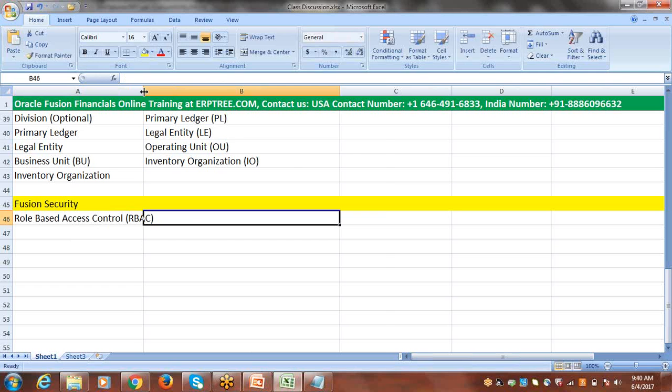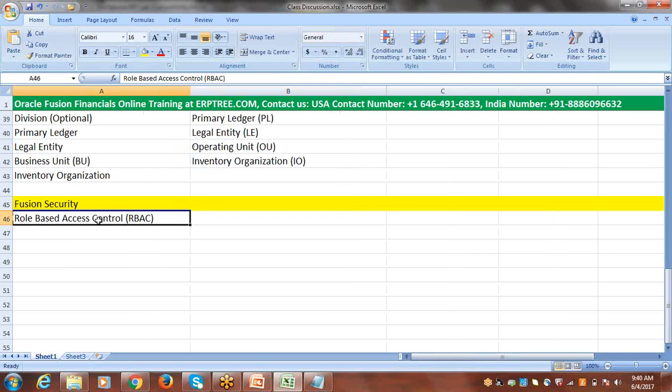Okay, the Fusion security model we call as role based access control. Do you think this role based access control we have in EBS? Anyone?